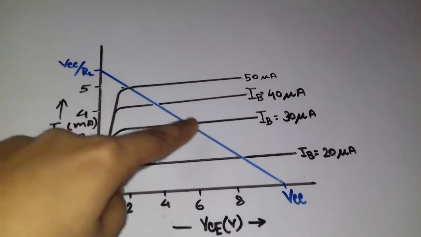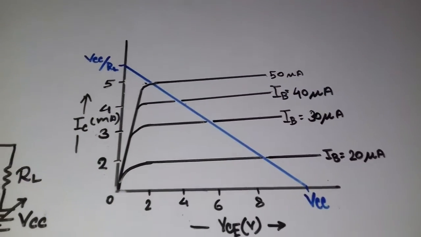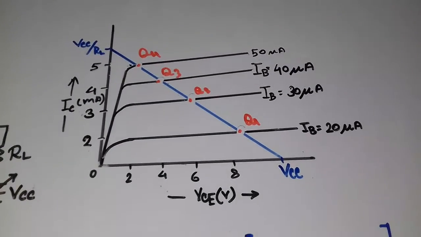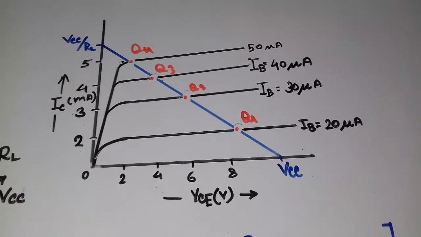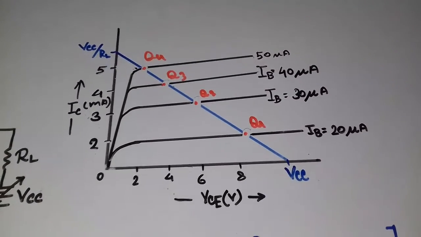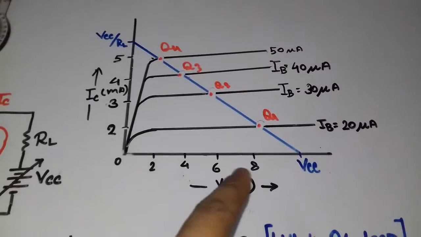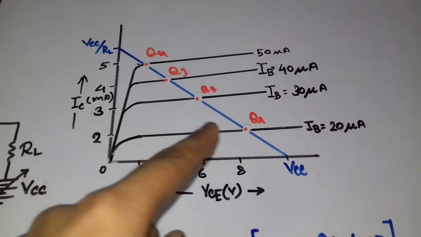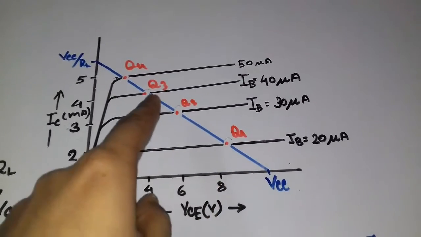The points where the DC load line intersects the output characteristics curve are called the Q point of the transistor. A Q point is given by the coordinates of VCE and IC. So these are the operating points of this transistor.